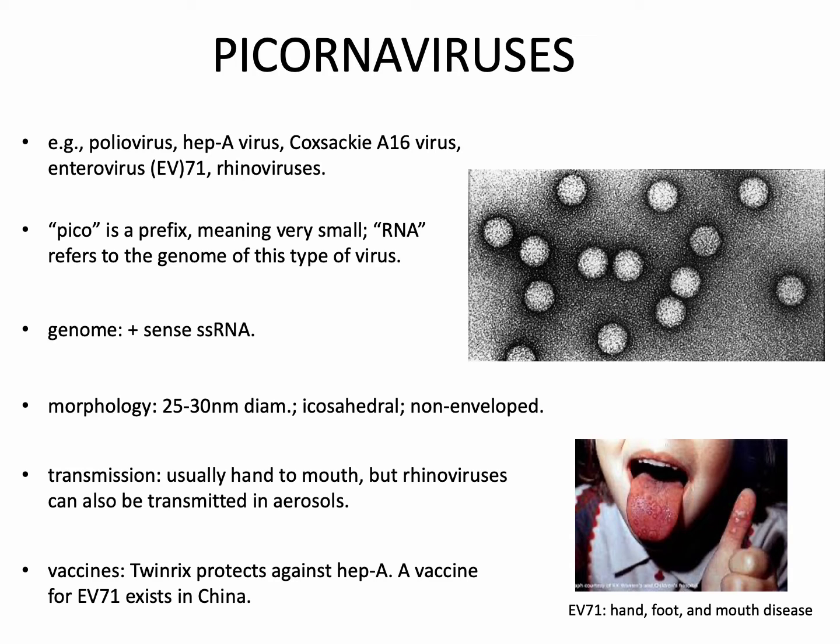Anyway, often there will be a sore mouth for a few days before ulcers and blisters appear in the oral cavity, so infected young children may refuse to eat. Vaccines against enterovirus 71 have been developed primarily in China.